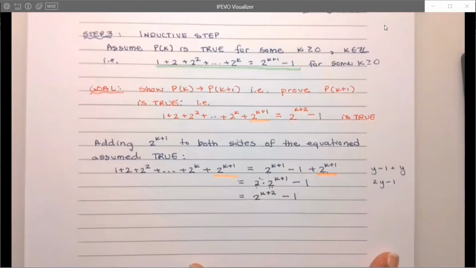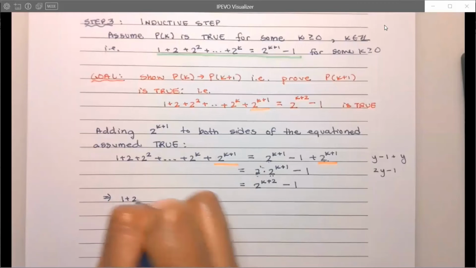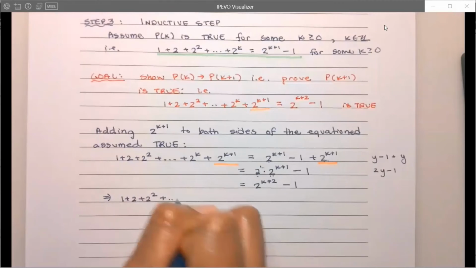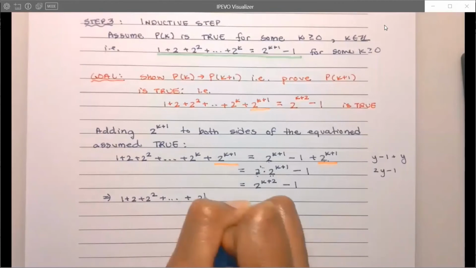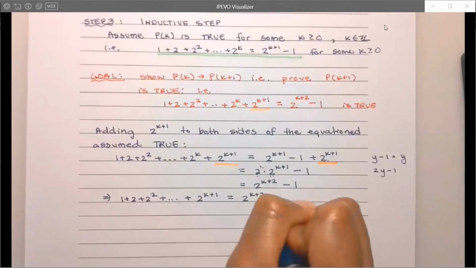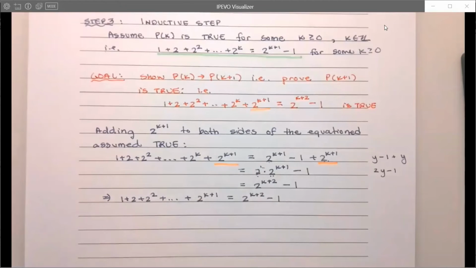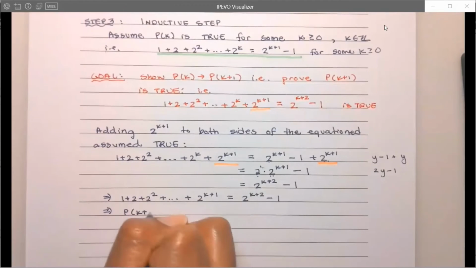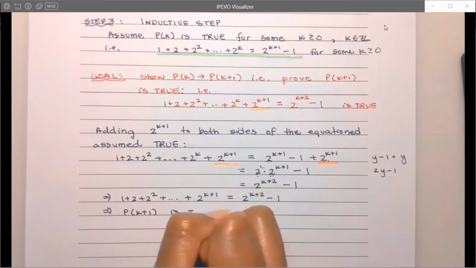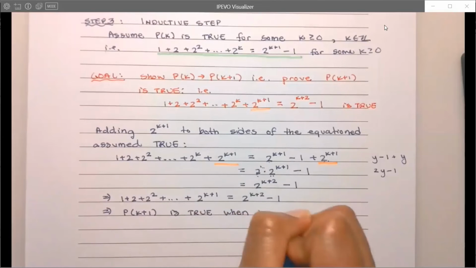So what have we shown then? We've shown that 1 plus 2 squared plus all the way down to 2 to the k plus 1 is equal to 2 to the k plus 2 minus 1. Or in other words, P of k plus 1 is true when P of k is true.